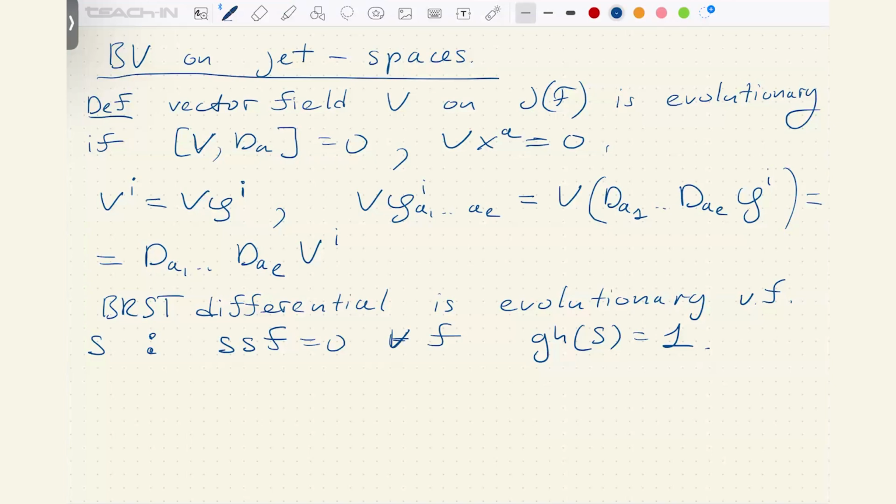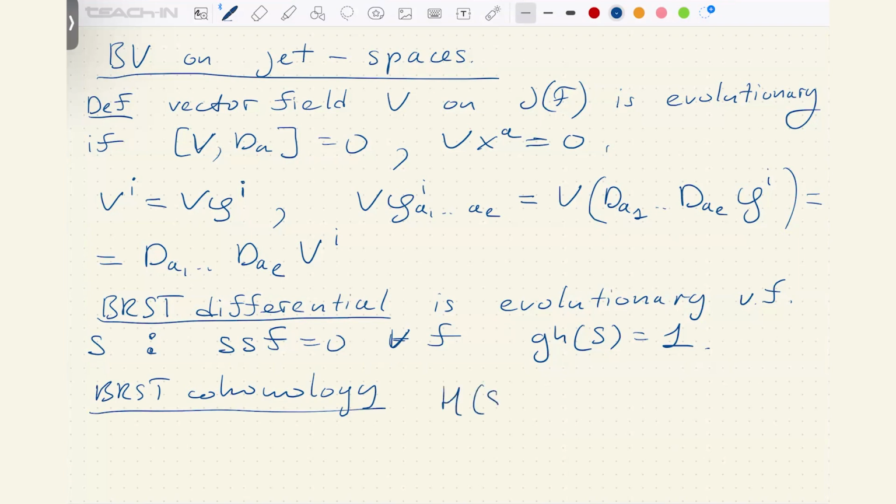So in particular, we can discuss BRST cohomology. S perfectly acts on local functions, so we consider H of S, and here we can take just, if you want, even horizontal forms, but let's say 0, 0 of our jets, which have just local functions.